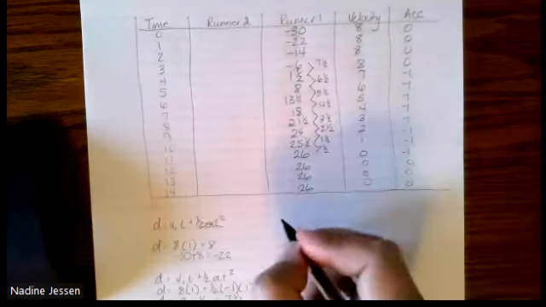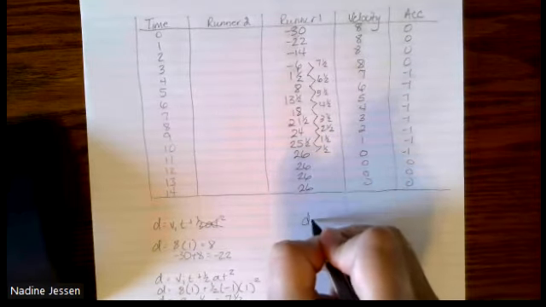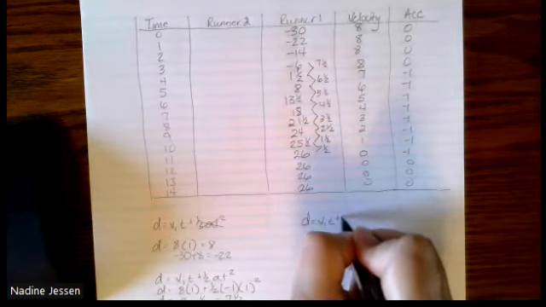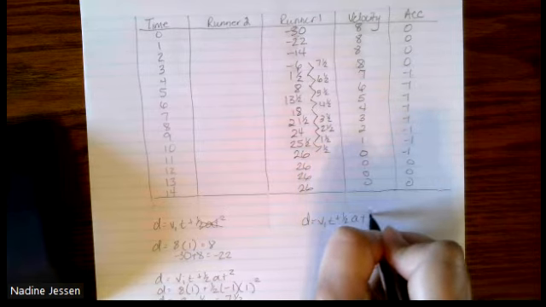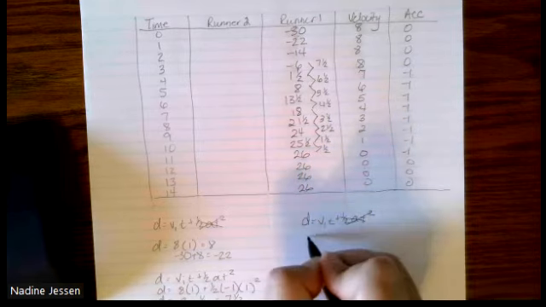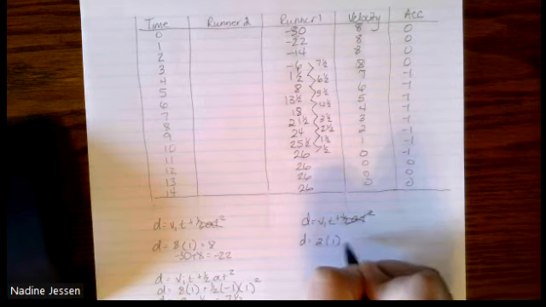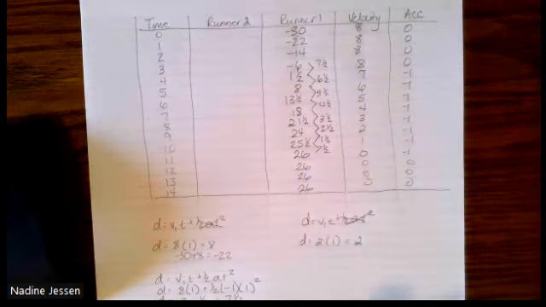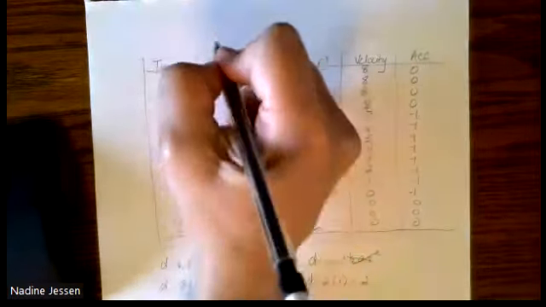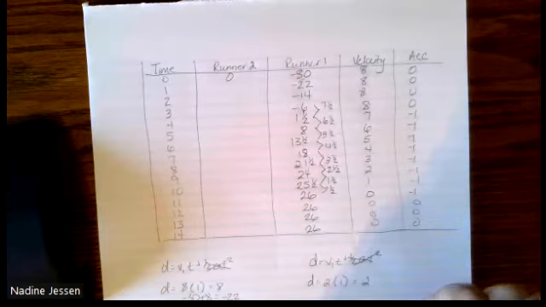Okay, so for runner 2, no acceleration because I'm going a constant velocity of 2 meters per second. After 1 second, I will have gone 2 meters. And they started at the starting line. So I started at a position of 0.